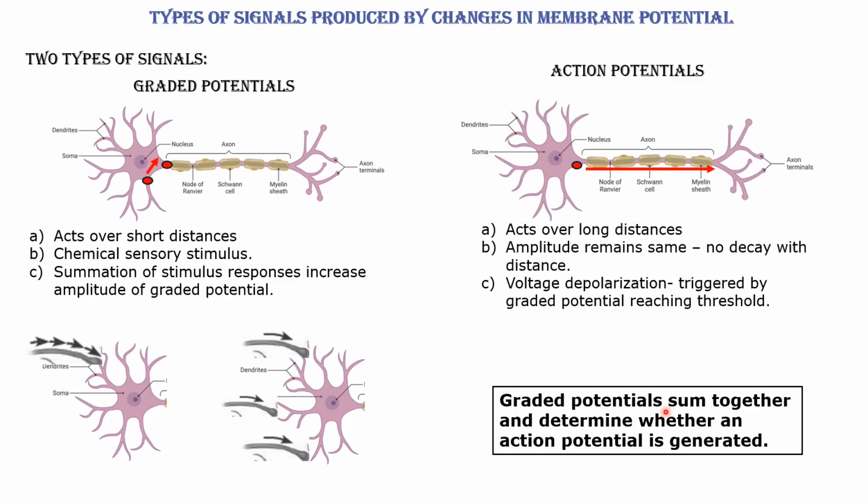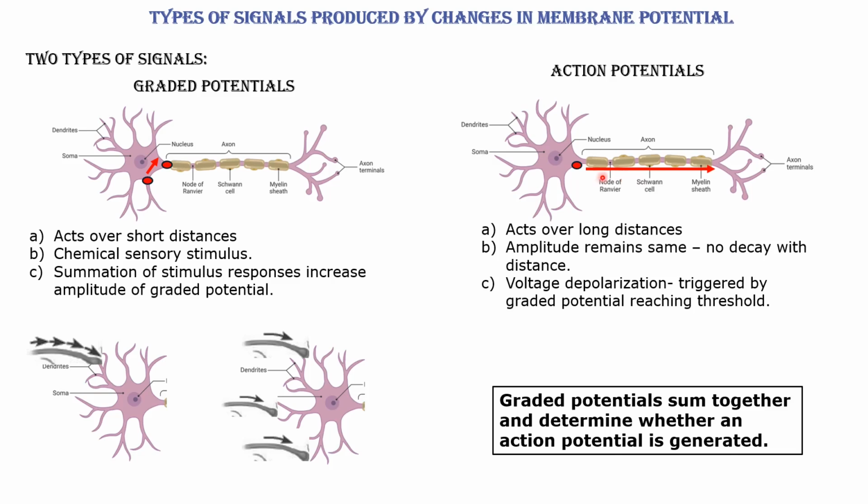So, if the voltage depolarization is triggered, then the graded potential has reached that certain threshold. After that, the action potentials are generated, which travel over long distances with their amplitude remaining the same, with no decay which occurs with distance.